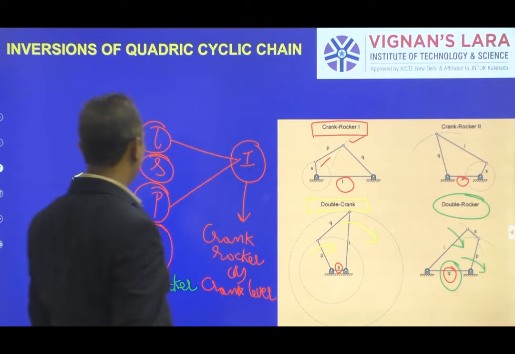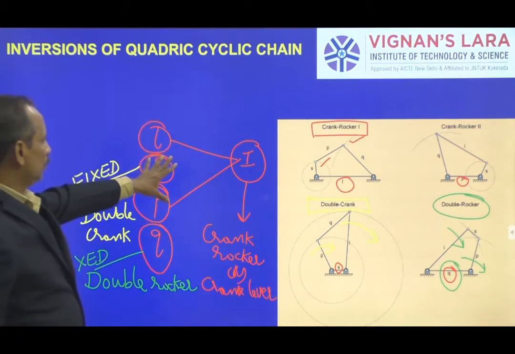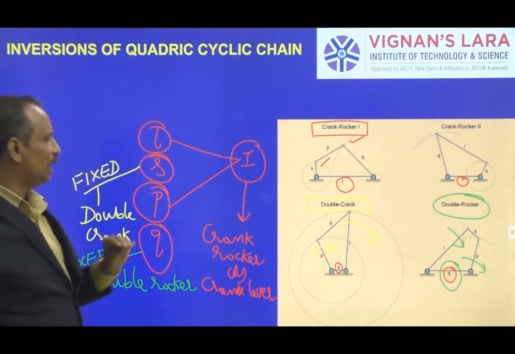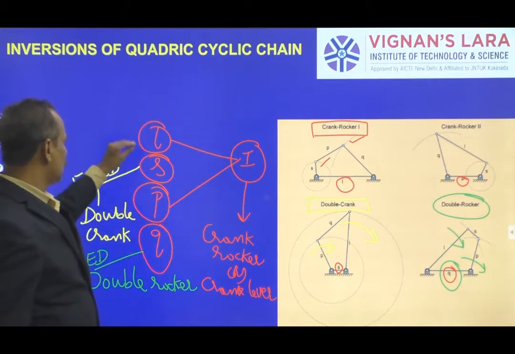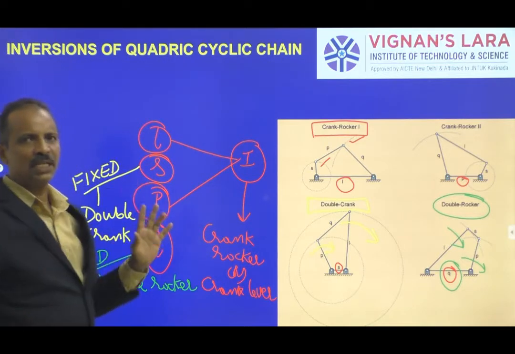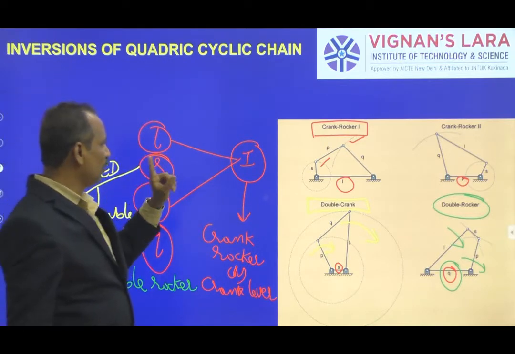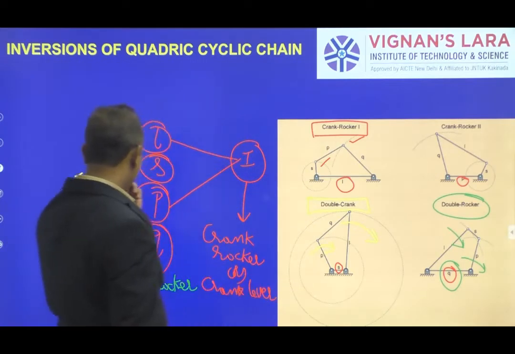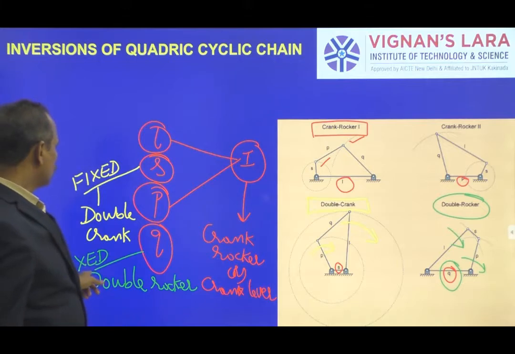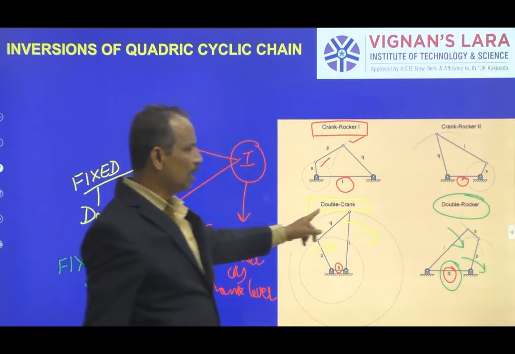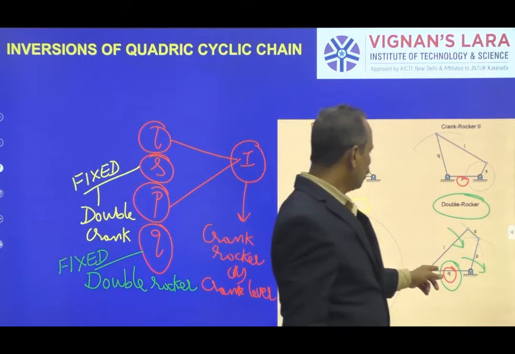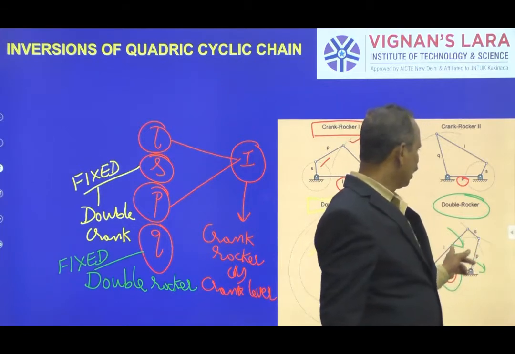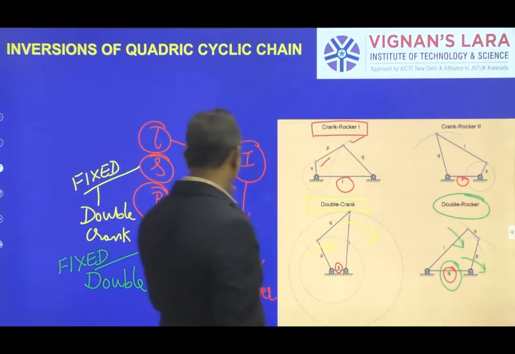Okay, so we get only 3 different mechanisms, because L and P fixation will give only one type of mechanism, that is, a crank rocker. Then the shortest link fixed gives a mechanism called double crank, and fixing the link opposite to the shortest will give you a double rocker mechanism.